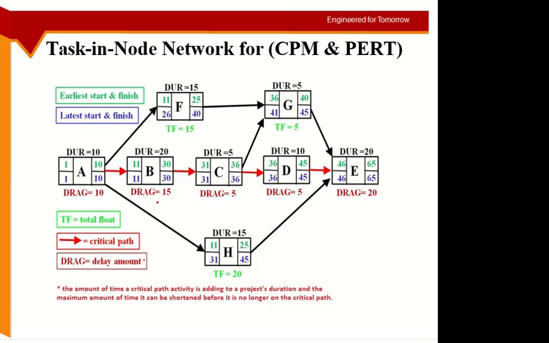For example, activity B has a duration of 20. If I make it 15, you can see the parallel activity here is 15 and here is also 15. So until activity B is down to 15 days, it will remain on the critical path because other activities have equal or more duration.